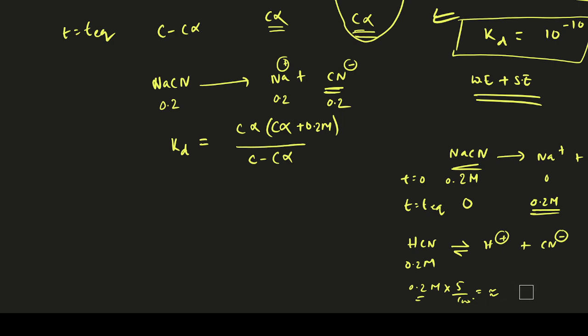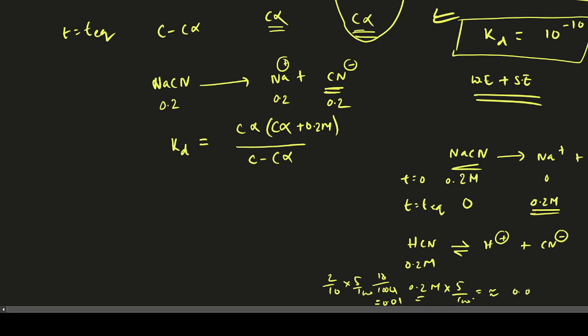So how much? 2 by 10 into 5 by 100, so 10 over 1000, that is 0.01.